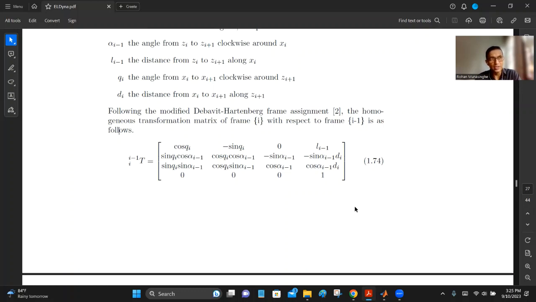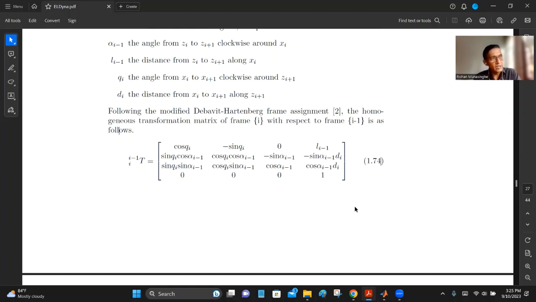In fact, this is the description of frame i with respect to i minus 1. If you look at frame i minus 1, the previous frame, as your reference, and you as frame i, this matrix shows your orientation and position with respect to the previous frame, i minus 1.